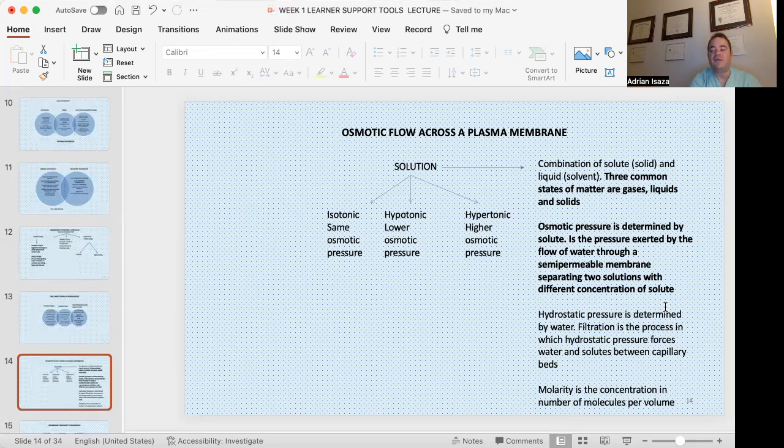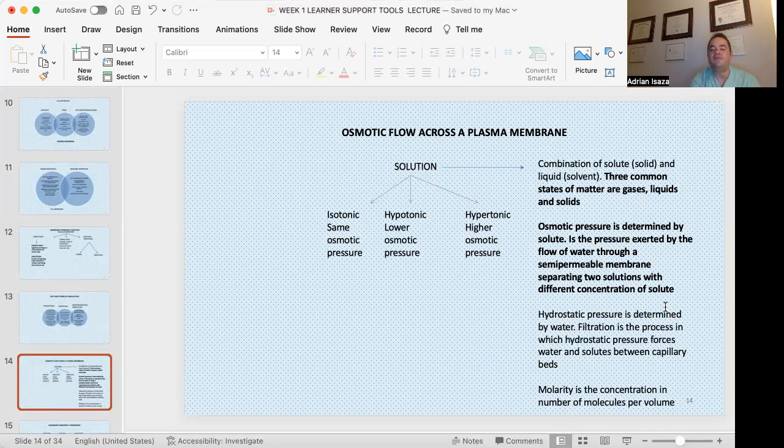So what is normal saline? 0.9% sodium chloride is what normal saline is. So when you're doing a normal saline infusion, that normal saline solution has to equal the osmotic pressure of blood. Therefore, normal saline is 0.9% sodium chloride, which is exactly the osmotic pressure of blood.